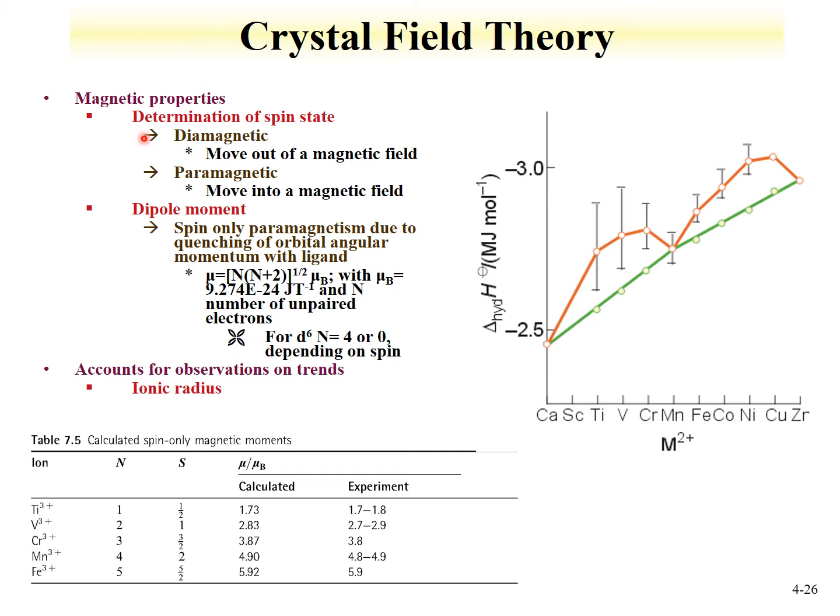Some of the terms that are used are diamagnetic or paramagnetic, and fundamentally for this effort, what one would do is evaluate magnetic moments, and one could calculate and compare to experiment. This would give ideas whether or not those electrons are paired or unpaired.